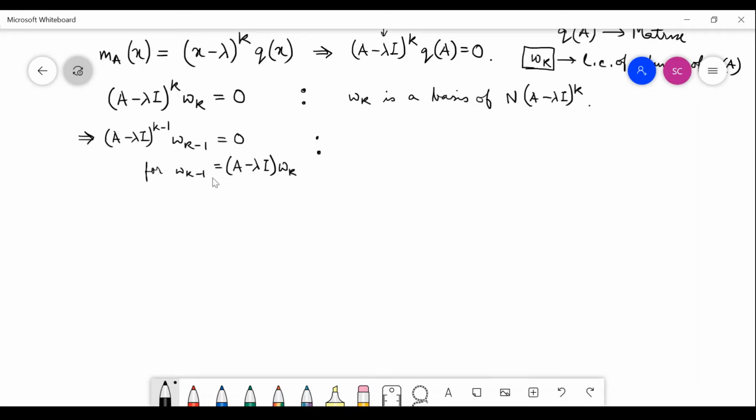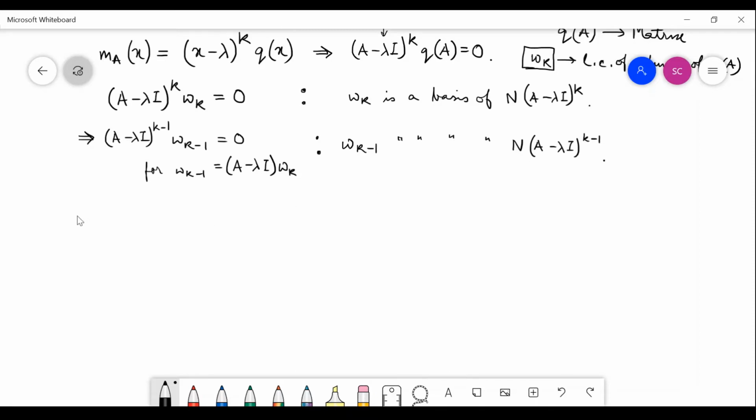Hence this operation is possible. So omega k minus 1 will now become a basis of the null space of A minus lambda I to the power k minus 1.